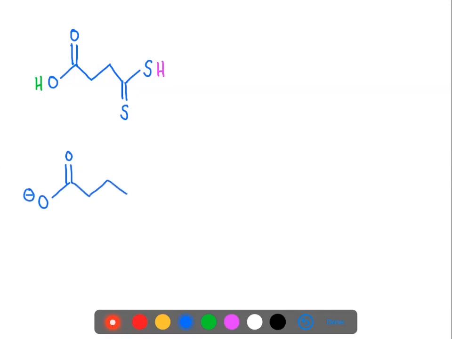One where we have the loss of a proton from the OH, the acidic part of this molecule, and the second where we have the loss of a proton from that sulfur hydrogen bond.